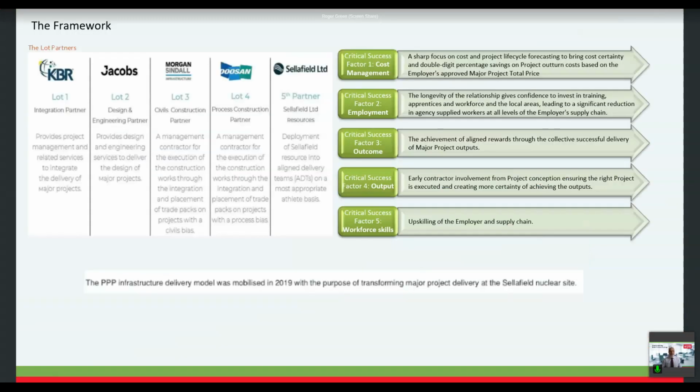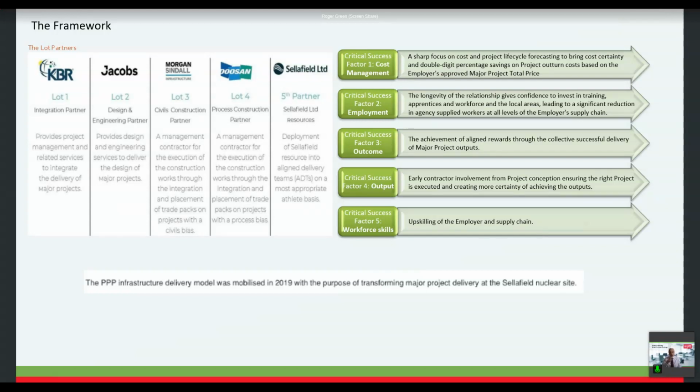So starting from the top, what is the project? The project is the PPP framework, and we have a series of partners who have won the various lots. We have 4 PPPs, which are the lot partners: KBR, Jacobs, Morgan Sindall, Dewson, and Sellafield Limited, which is known as the 5th party.